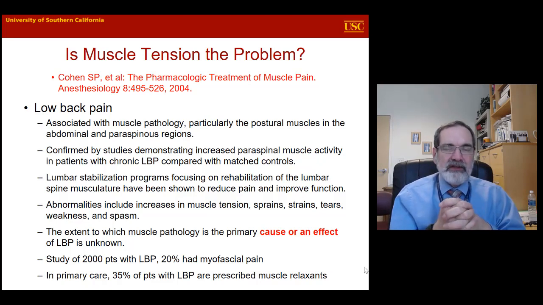We see that there are abnormalities in muscle tension. There may be sprains, tears, weakness, spasms, all present in many patients who have low back pain.